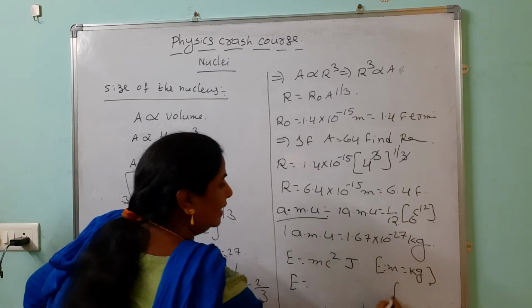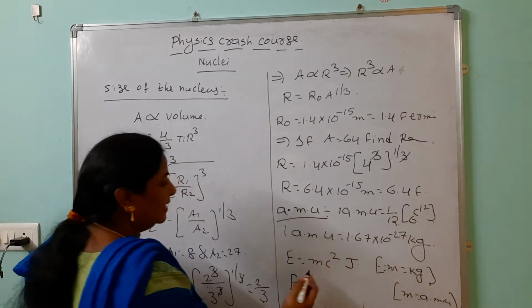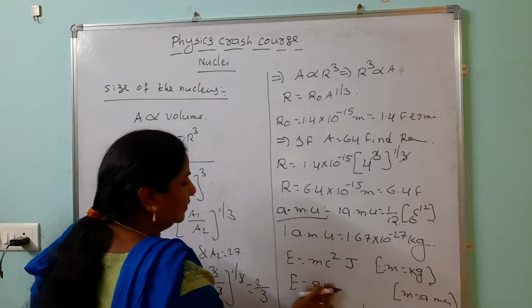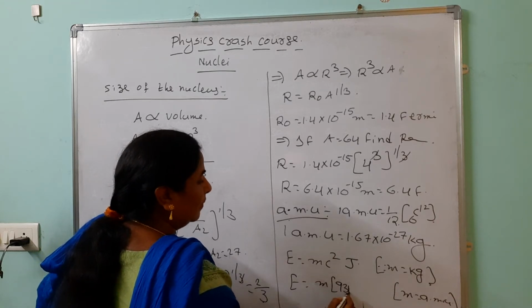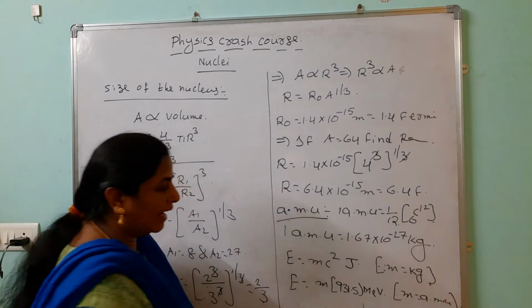When we take the mass in terms of atomic mass unit, how can you find the energy? Simply you multiply the mass in AMU by 931.5 million electron volts.